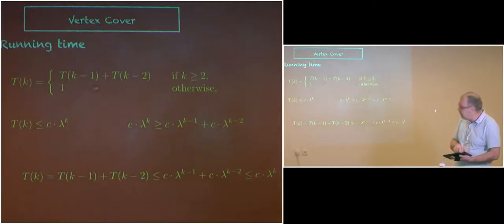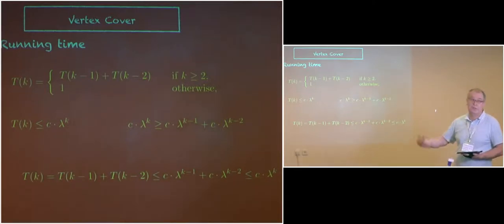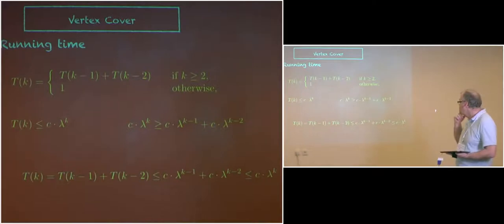In one case I decrease the parameter by 1, which corresponds to the case when I remove the vertex, and in the second case I remove the neighbors of the vertex, decreasing the parameter by at least 2. This is happening if the parameter is at least 2, and if the parameter is 1, then I would say the running time of my algorithm is constant.